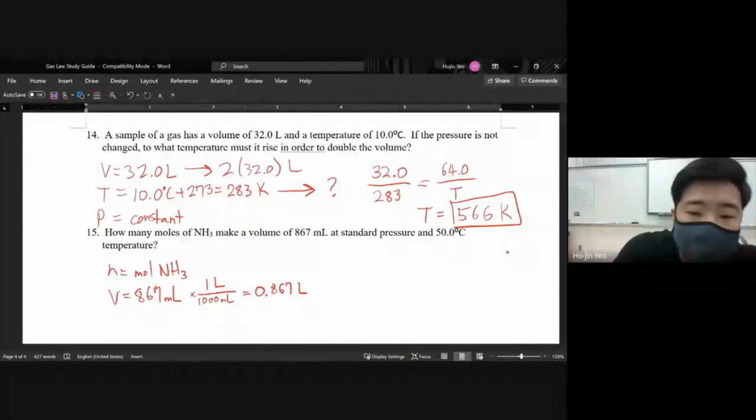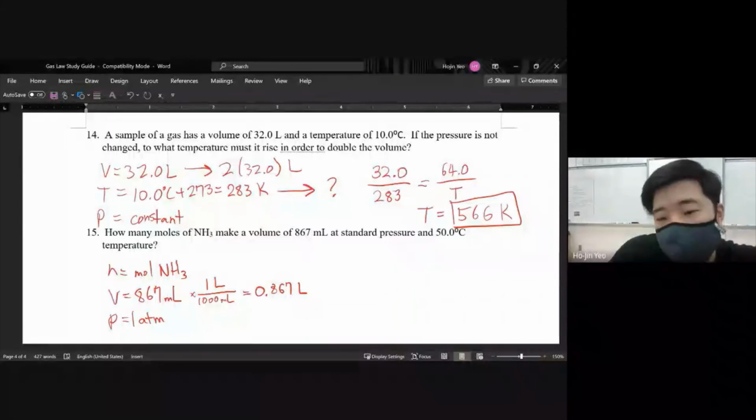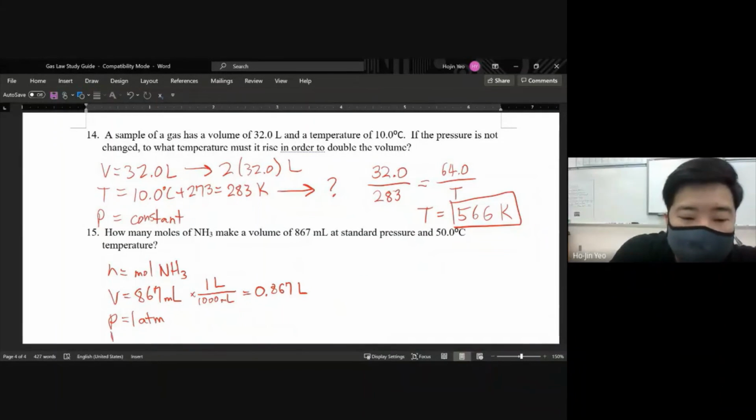Now add a standardized pressure. So what I'm going to use is 1 ATM. It's just something that I use often, and I remember that the R constant is 0.0821.